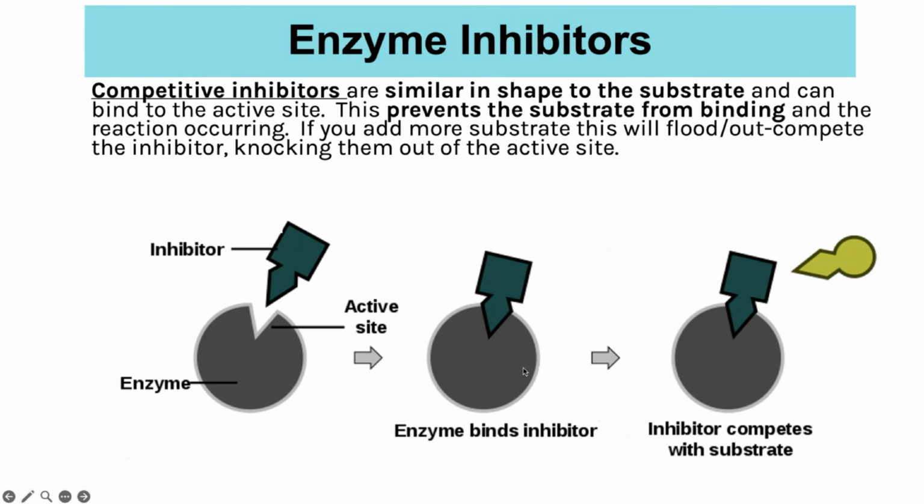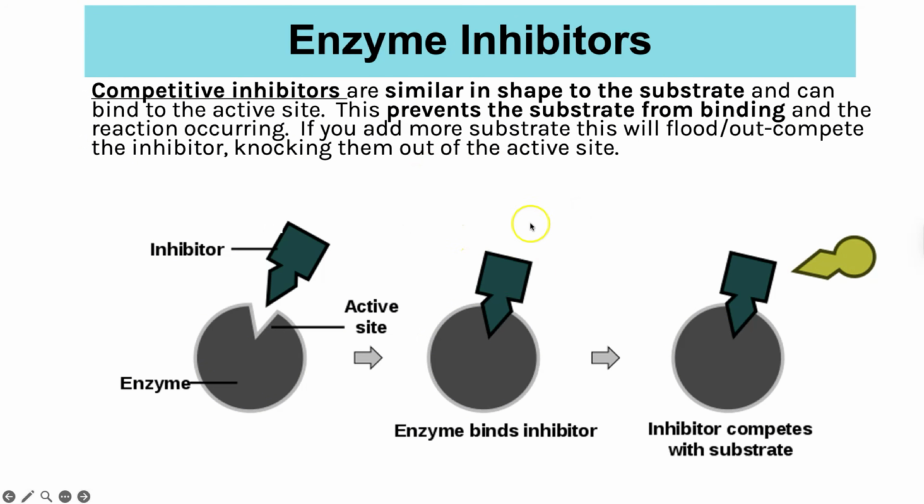Enzyme inhibitors then are molecules that can inhibit or prevent an enzyme from working. And you have competitive and non-competitive inhibitors. A competitive inhibitor has a very similar shape to the substrate. And because it's similar in shape to the substrate, that means it's almost complementary to the active site, and it can bind to the active site to form an enzyme inhibitor complex and prevent enzyme substrate complexes.